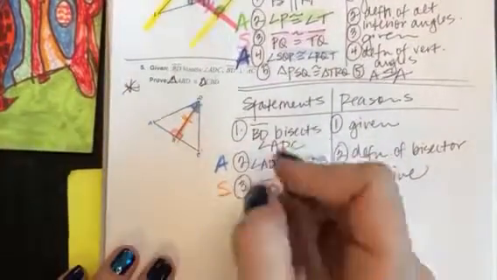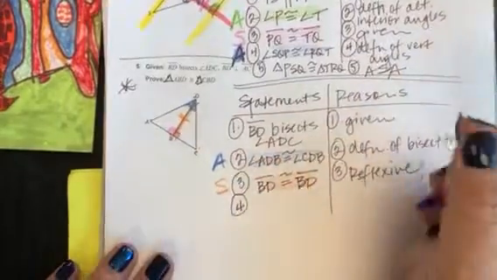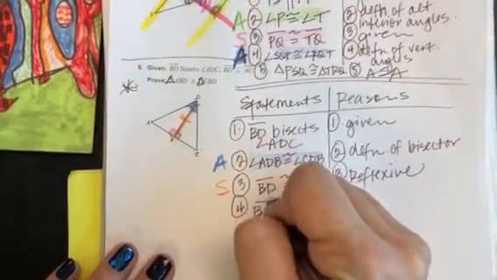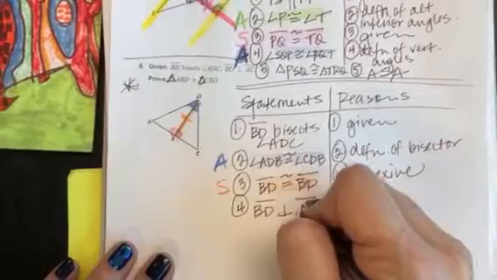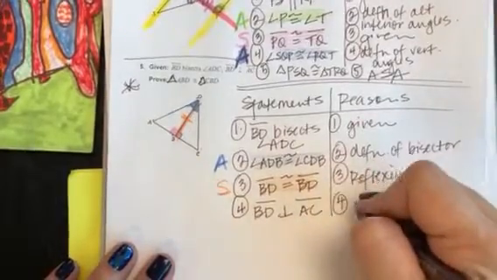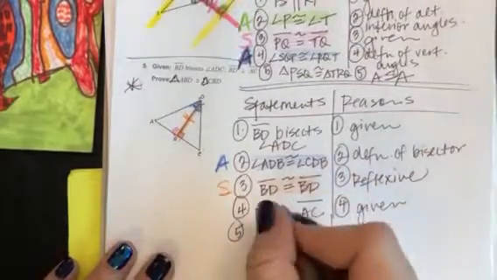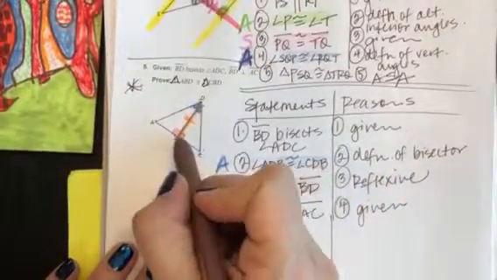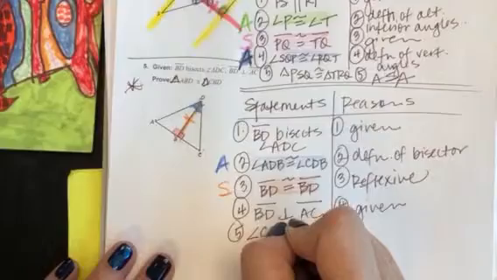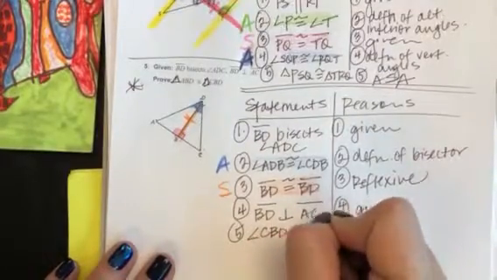And then my last pair of angles, I'm going to bring in the second part of the given. BD is perpendicular to AC. That's given. And I'm going to take it one step further by interpreting that. Angle CBD equals 90.